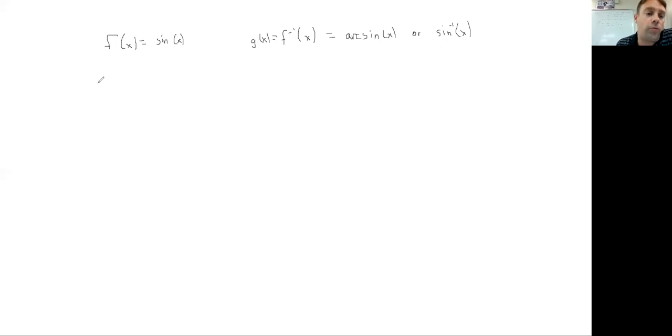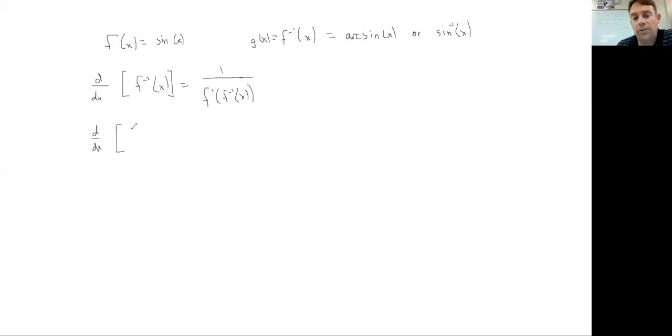So if we remember the derivative for inverses, the derivative of an inverse function is the same thing as 1 over the derivative evaluated at the inverse function. Well, what if we were to use this with trig in mind?